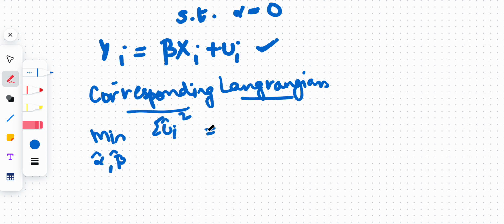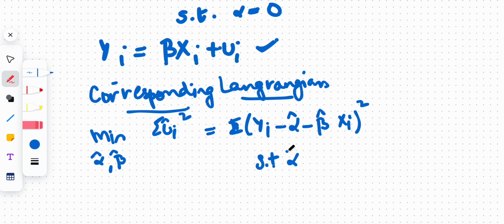Right, this is what I will measure. This is minimize yi minus alpha minus beta xi whole square subject to alpha is equal to 0.